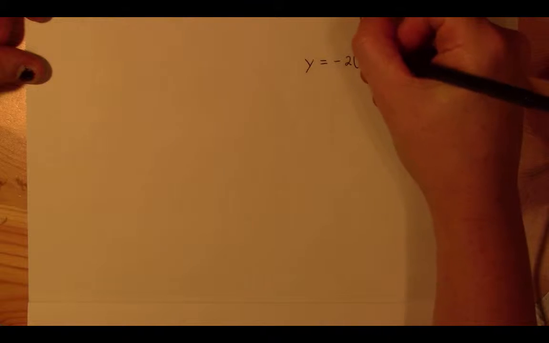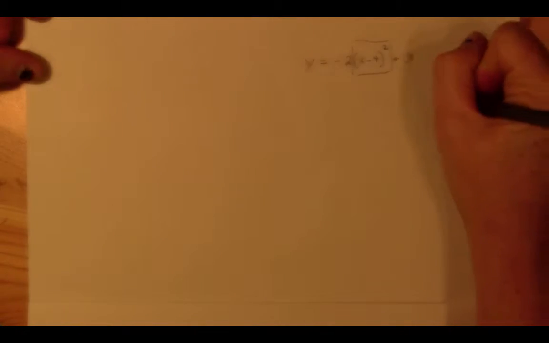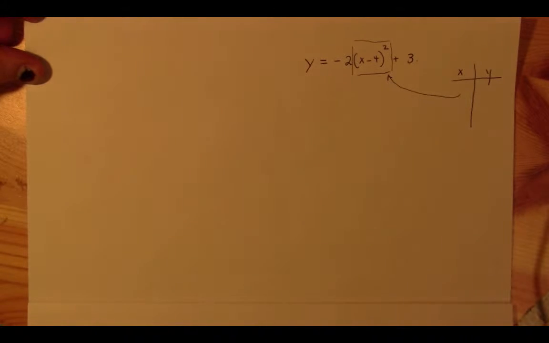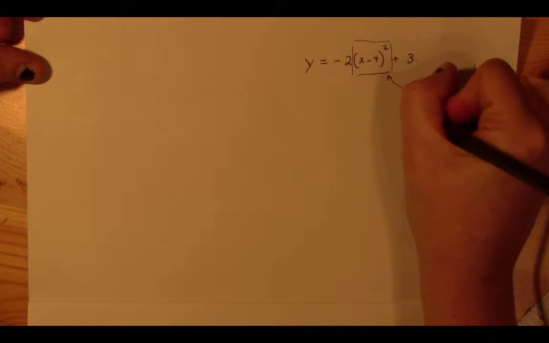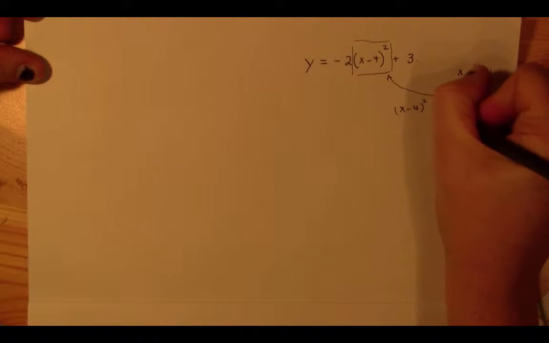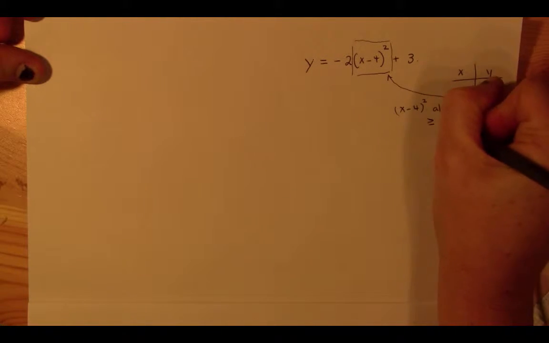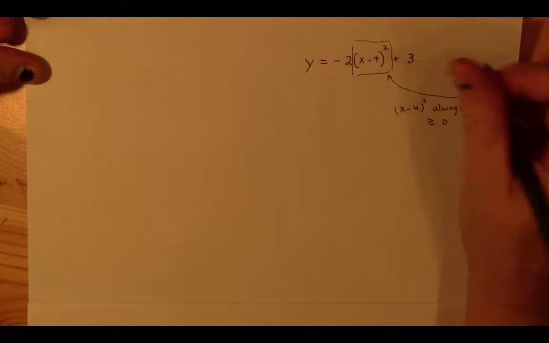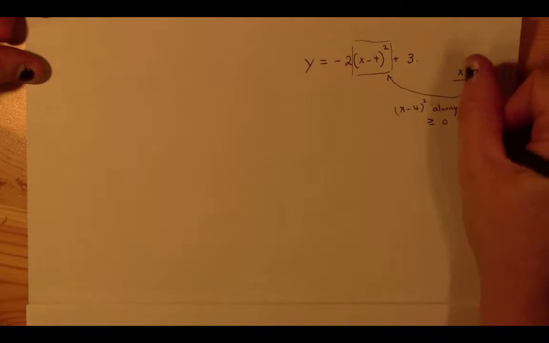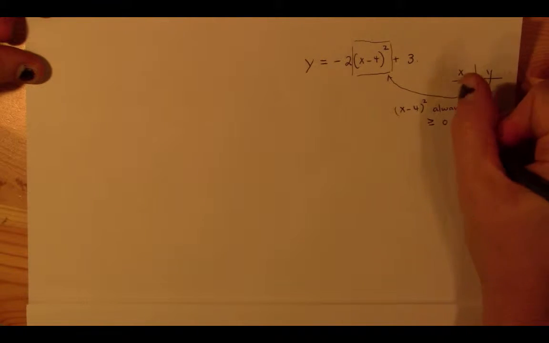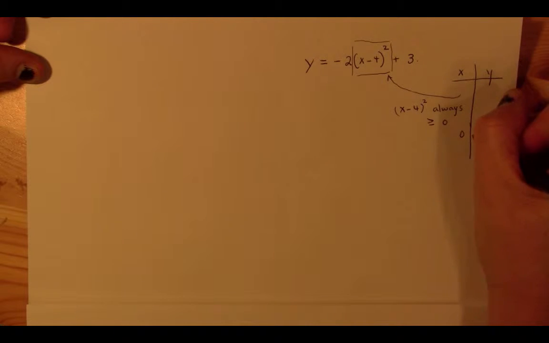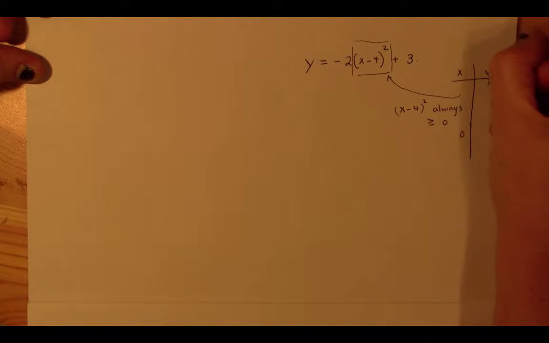So what I do is I look at this part here where the x goes in, and I say to myself, no matter what x goes in there, x minus 4 squared is always greater than or equal to 0, right? Because I could put in x's, like I could put in 0, and then, sorry, let's put in x minus 4 squared to see what that is.